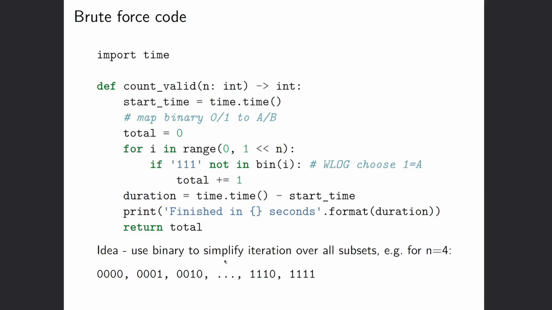The idea is really that we're just using binary to simplify this iteration. For example, for n equals 4, we have 0000, 0001, 0010, etc., all the way up through 1111. It's an easy way to get all the subsets of a set, basically all possible combinations of 1s and 0s.